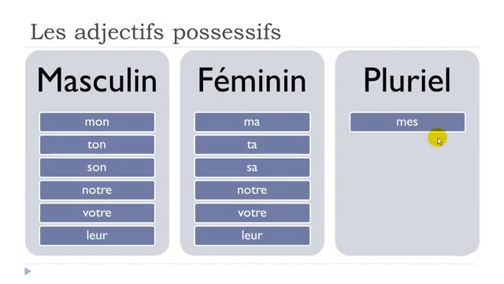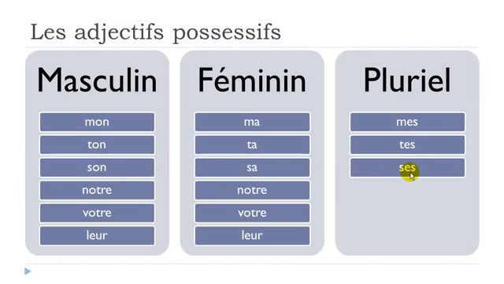For the pronunciation aspect, remember that this es here combined will give you the sound eh. So you'll pronounce it like me. Te, so logical, same pronunciation here, te, se. All right, so me, te, se.